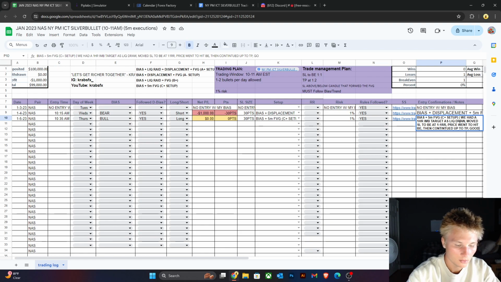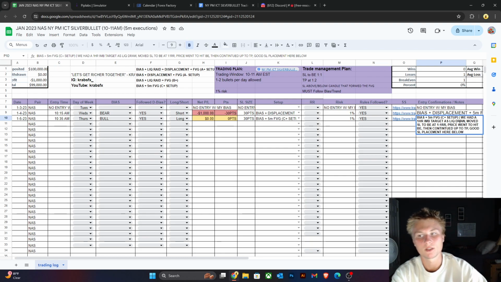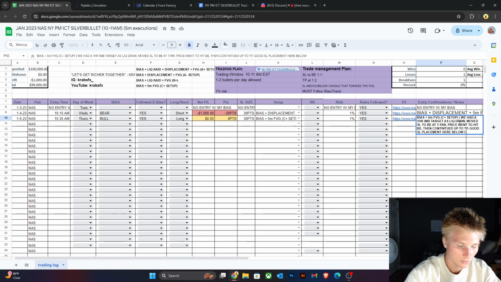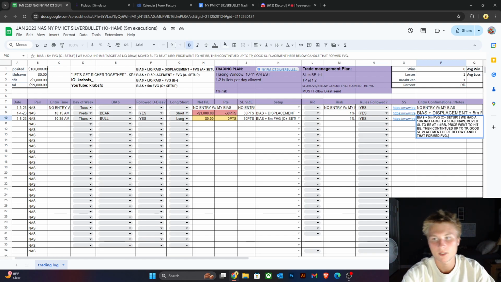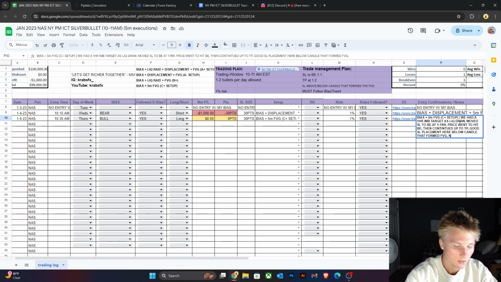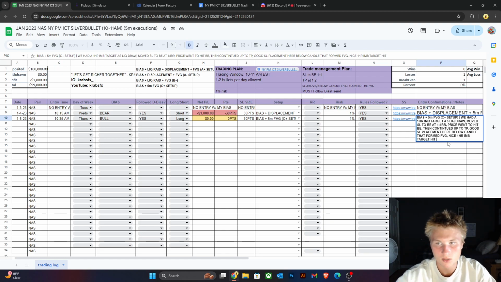I had good stop loss placement here below the candle that formed the fair value gap. And what we also had here was a nice 1 hour imbalance target get hit.